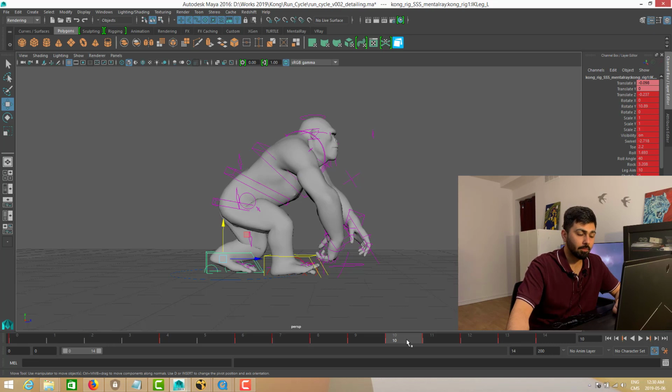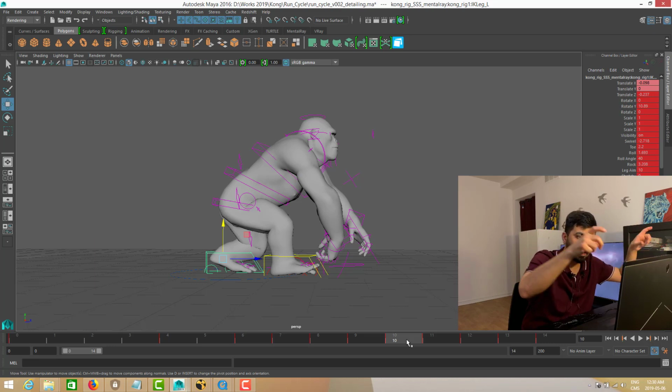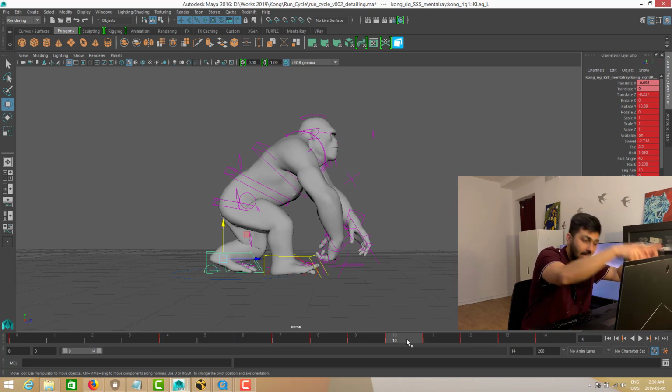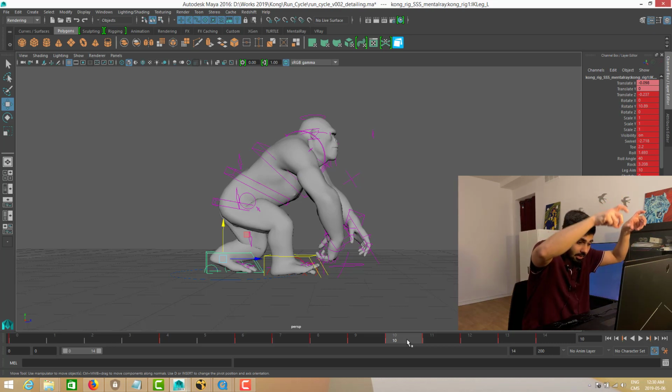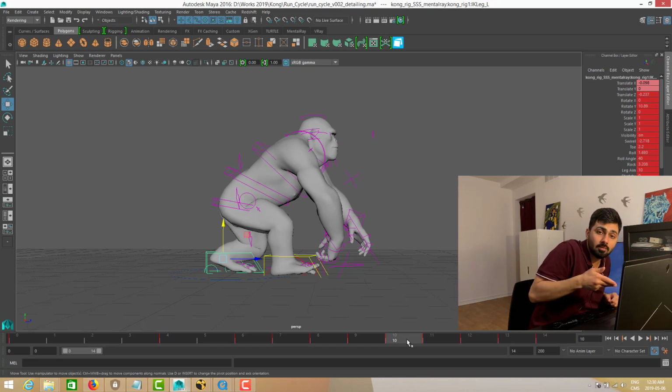So the first pose, again I'll repeat, the gorilla is completely stretched, and after completely stretching himself, he landed his hands on the ground and he reached the second pose. And what is the second pose? In the second pose, he tried to move himself forward and he's trying to bring his legs closer.